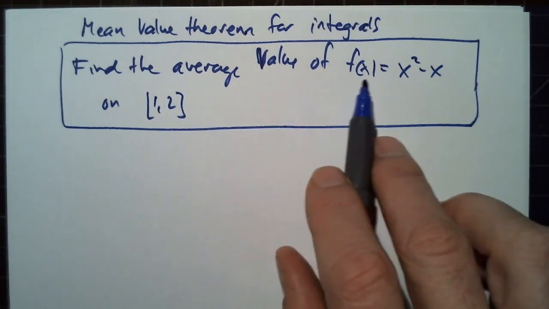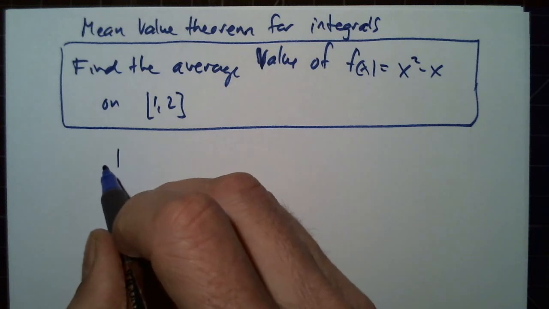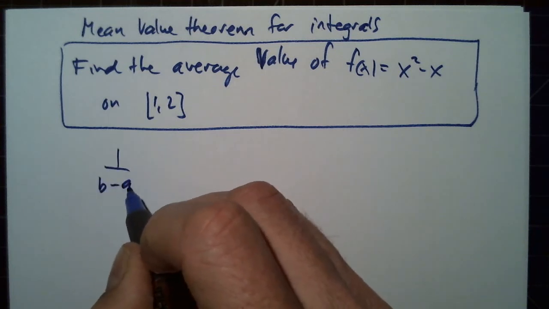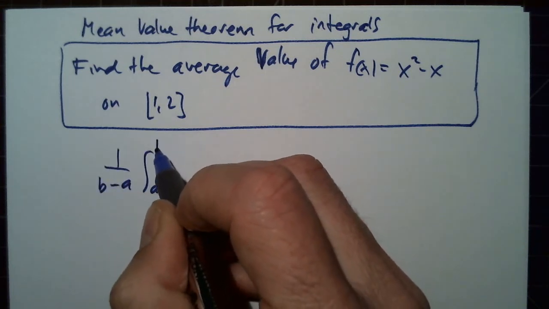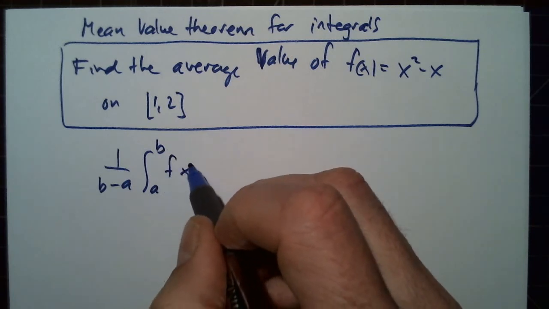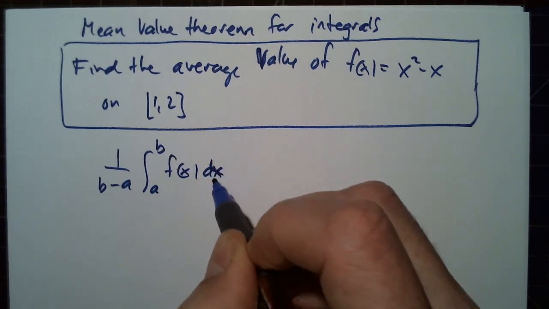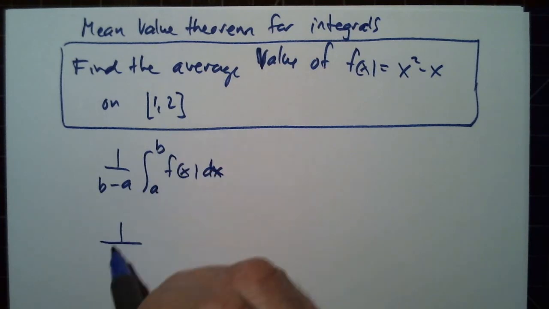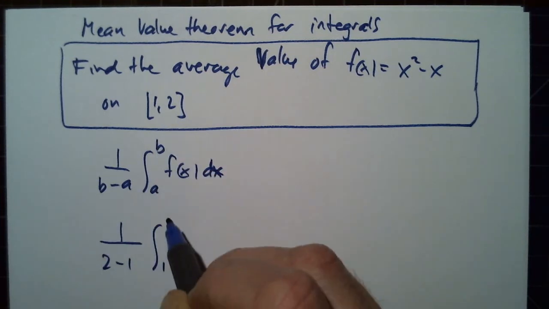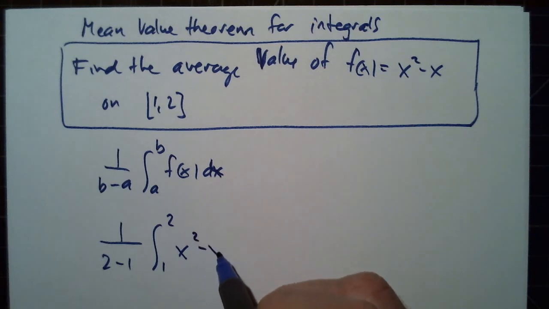Find the average value of a function, and that's where we have 1 over b minus a times the integral from a to b of f of x. So now we just do 1 over 2 minus 1 from 1 to 2 of x squared minus x.